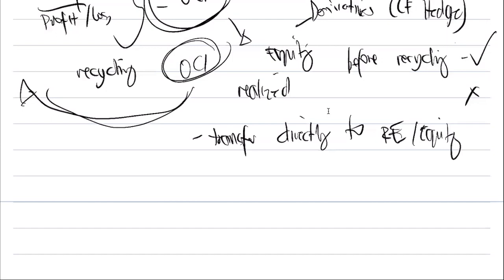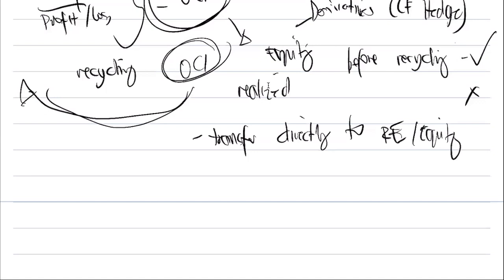Next, chapter 6, measurement. How do we measure? We have two measurement bases under your conceptual framework: historical cost and current value measurement. And then after recognizing and measuring it, we can already present it. So that is your presentation and disclosure.